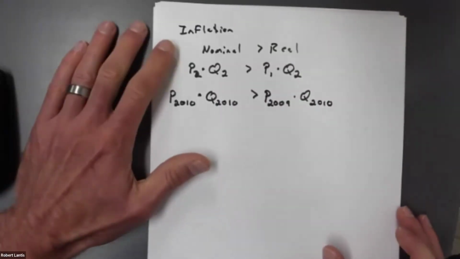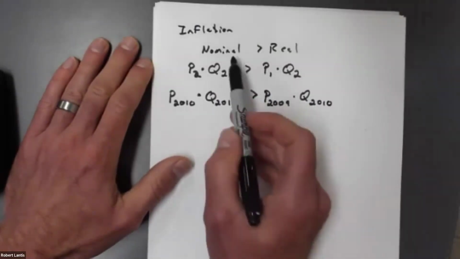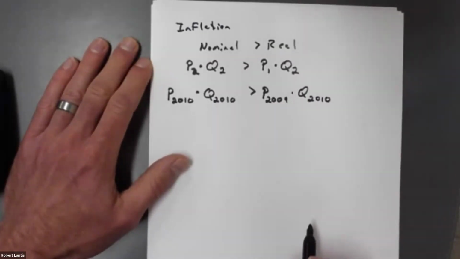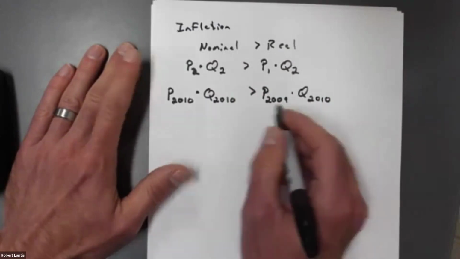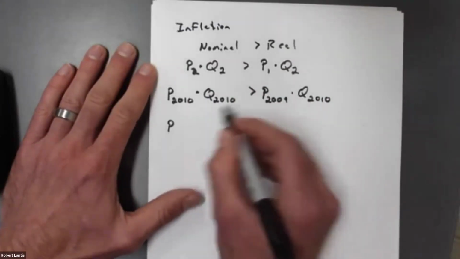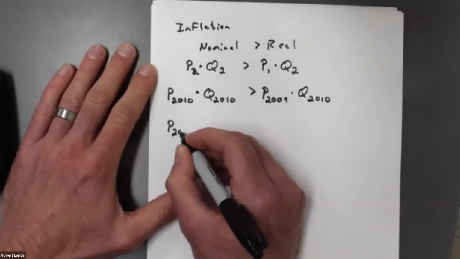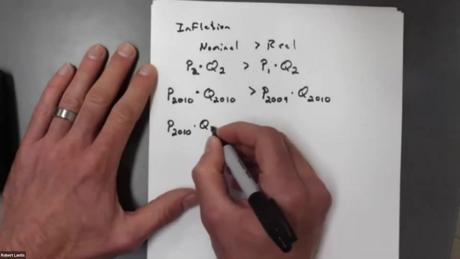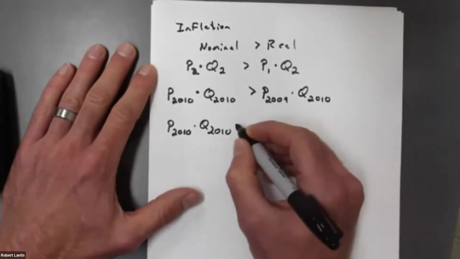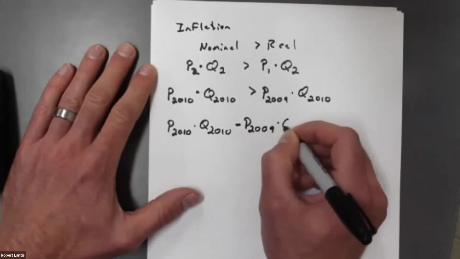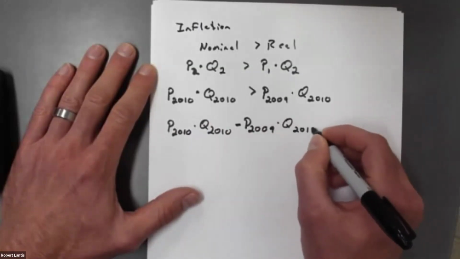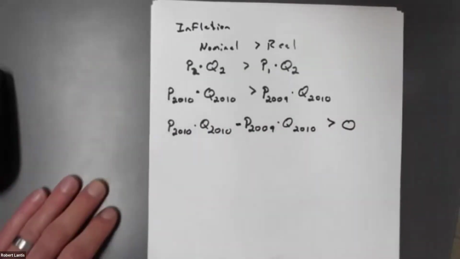So if I ever have inflation where prices are increasing, the nominal GDP has to be greater than the real GDP. Let's show why. If I rearrange this equation and subtract from both sides, I've got price times quantity in 2010 minus the price in 2009 times the quantity in 2010 must be greater than 0.